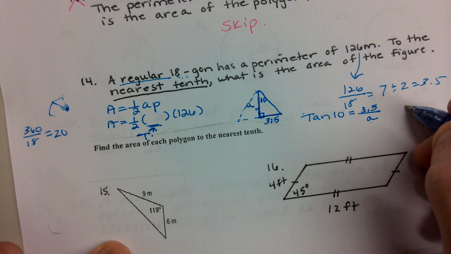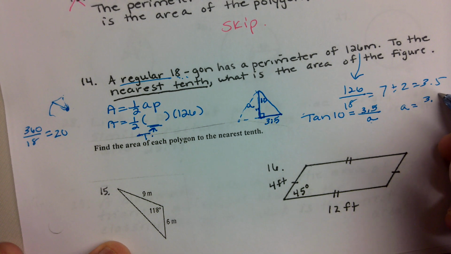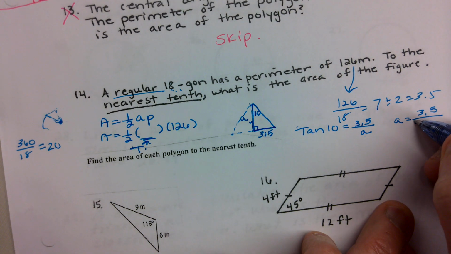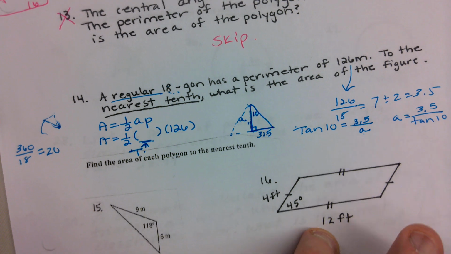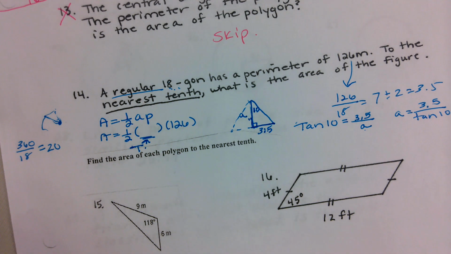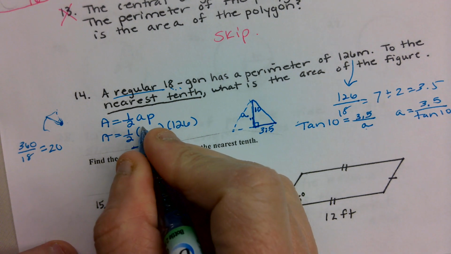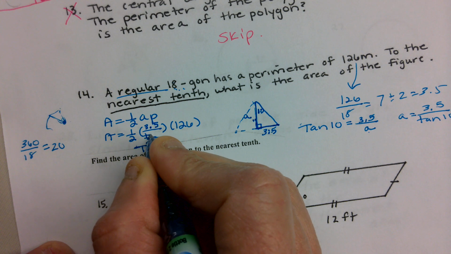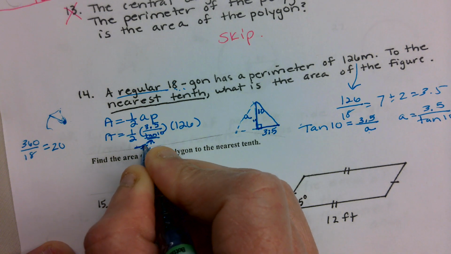So A equals 3.5 over tan 10. So we are now going to go ahead and put that in over here. 3.5 over tan 10.